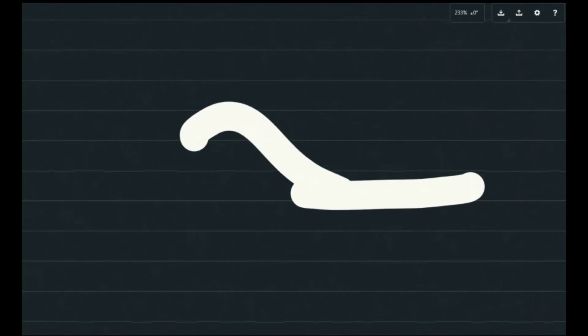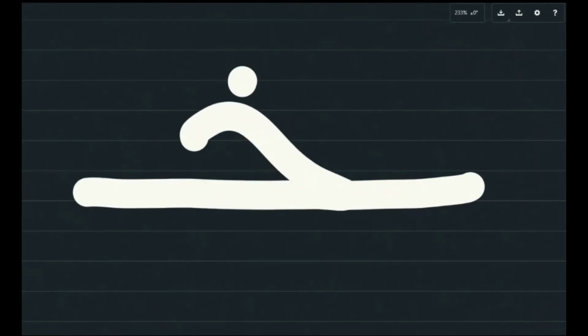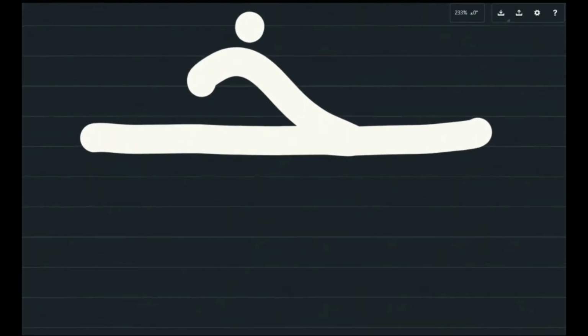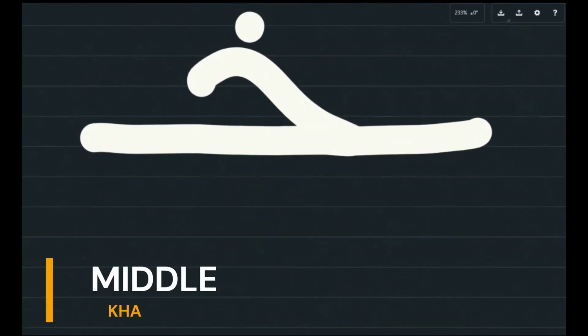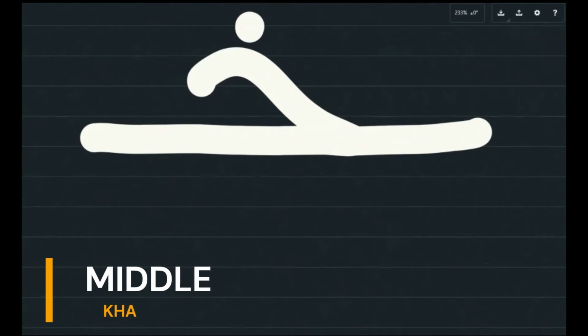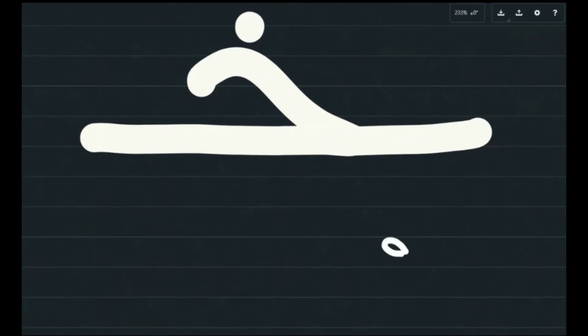In the middle form, this is what kha looks like. This is the sample of the kha in the middle form.